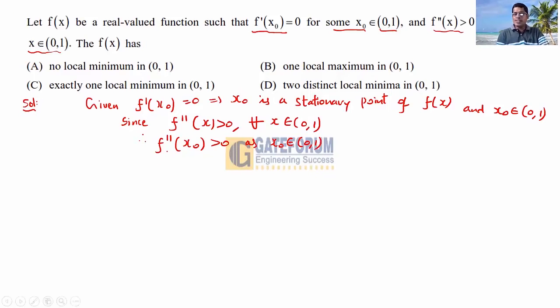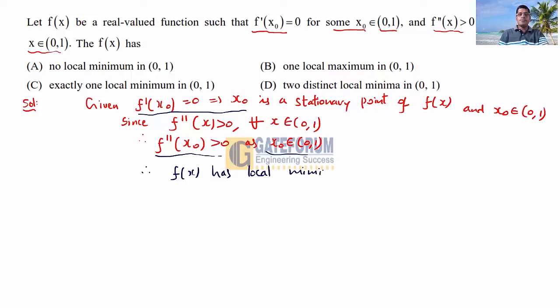So when second derivative is greater than 0 and first derivative equal to 0, such a stationary point, you know that, therefore f of x has local minima at x naught. This belongs to 0 comma 1.